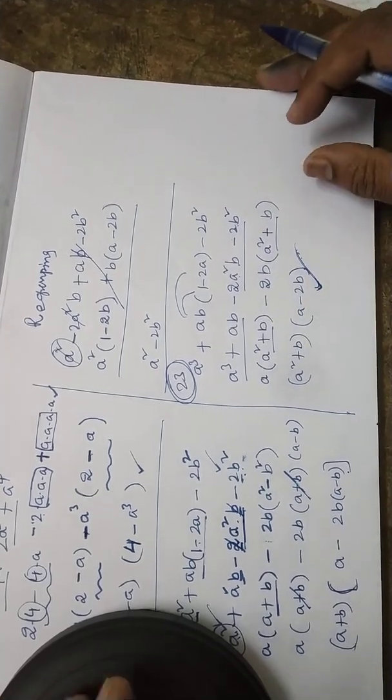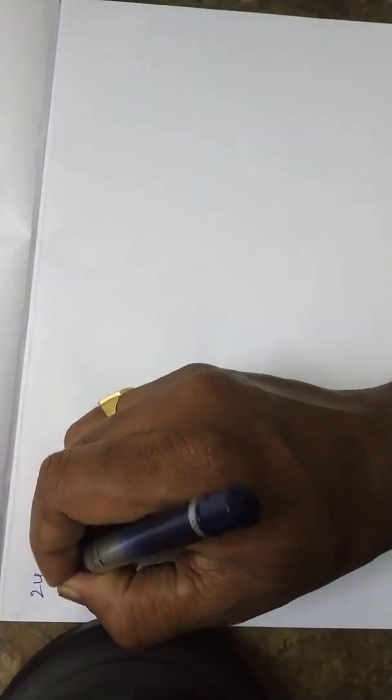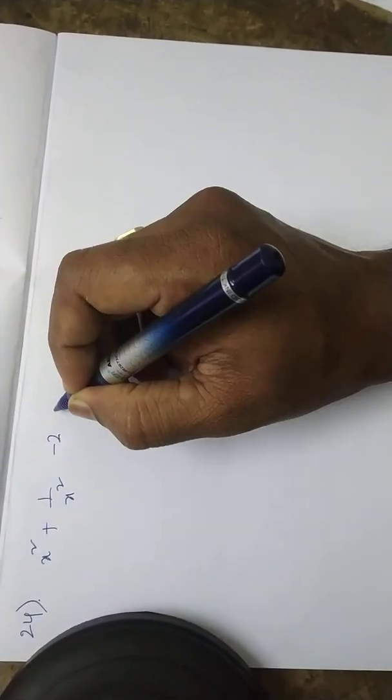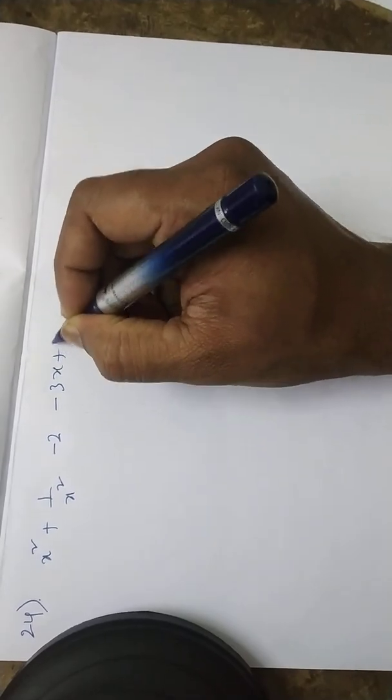Okay, now at last we'll see the 24th question, where we actually apply the identity a little bit. The 24th question is the last question of this exercise. So you have x square plus 1 by x square minus 2, okay, minus 3x plus 3 by x.